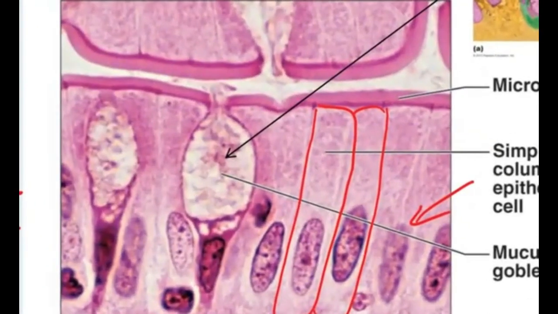Okay? So, for instance, on the surface of the epithelium, right here, you see this kind of fuzzy layer? Those are membranous folds on the surface of columnar cells in the intestine that are called microvilli.